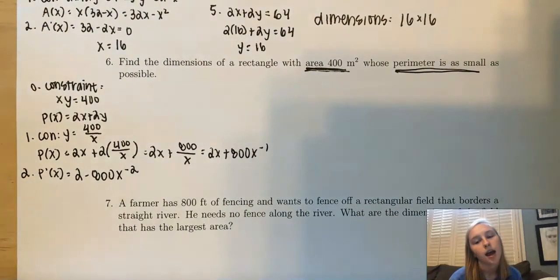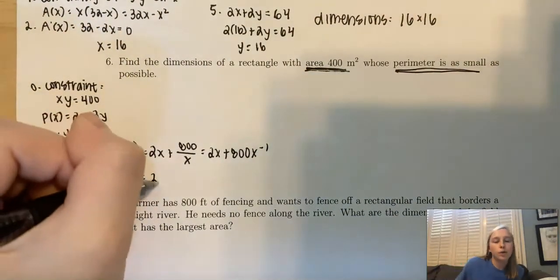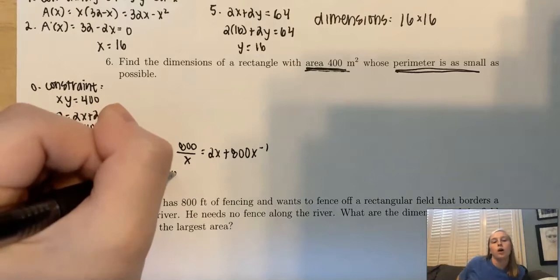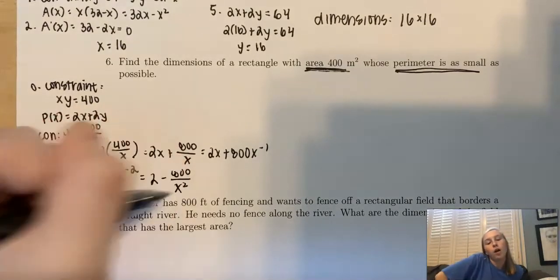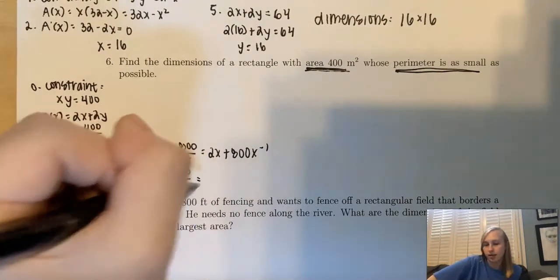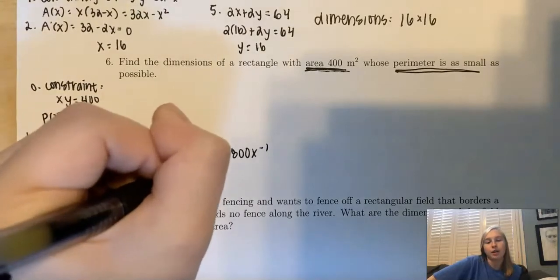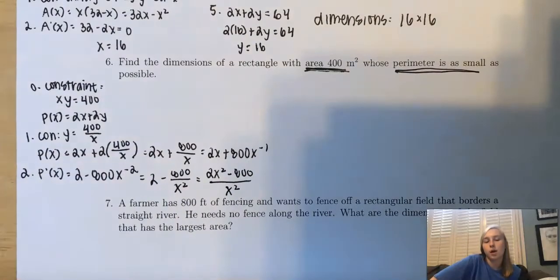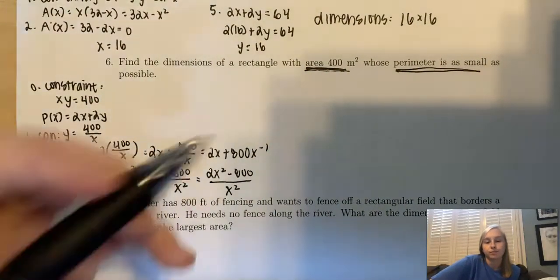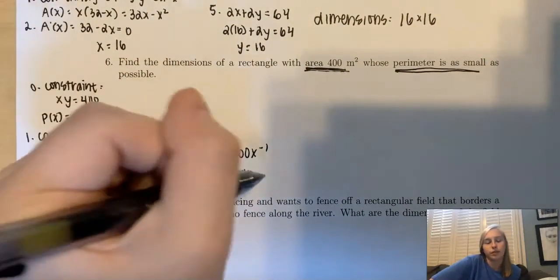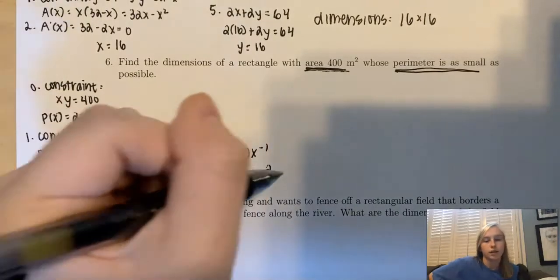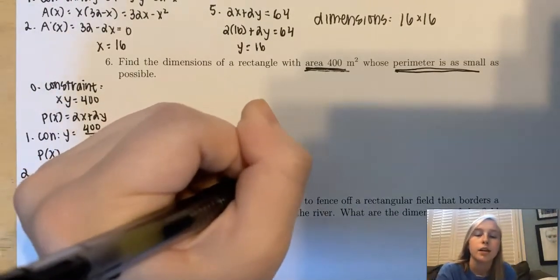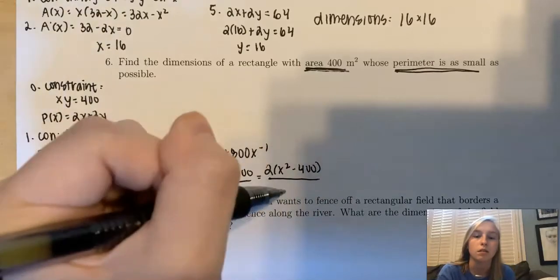And I do some algebra to manipulate it into one fraction that is easy to find the zeros of. I wrote it out for you guys, so you can follow along if you need help with algebra.